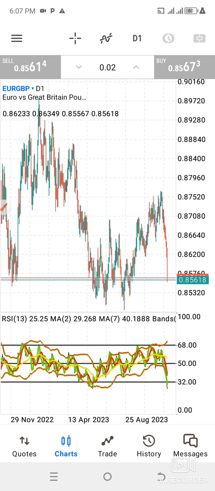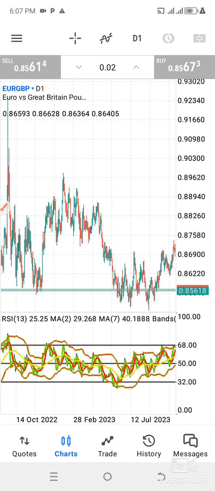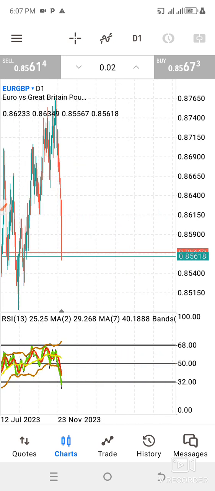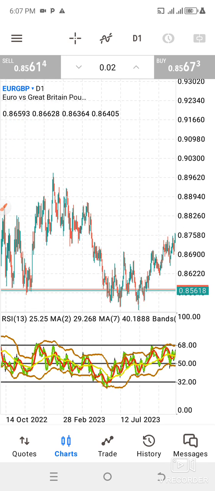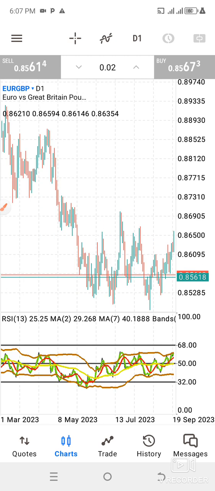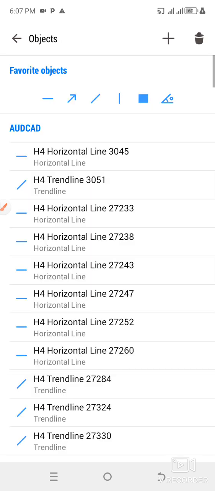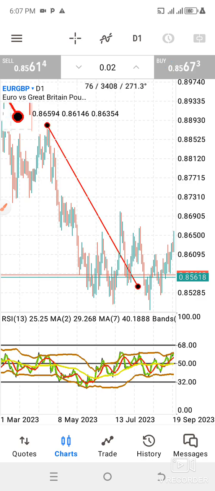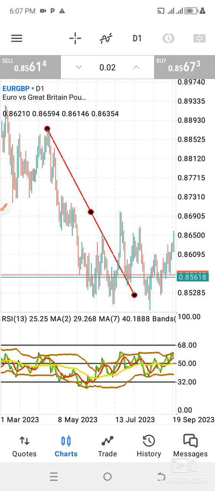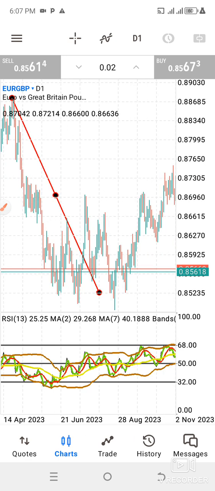We need to understand the trend, what really happens here. Just follow me as I am diving in. We look at the structure. Looking at the structure, we can see that we had a downtrend.